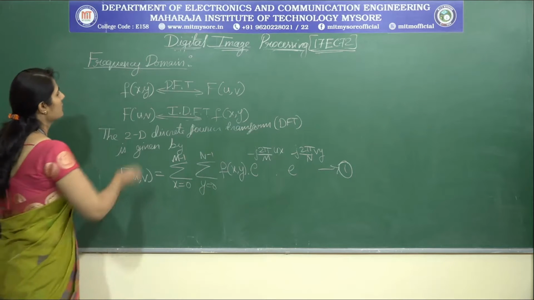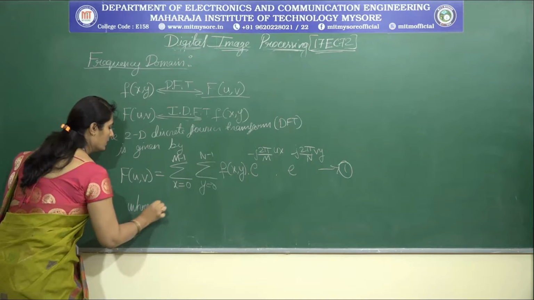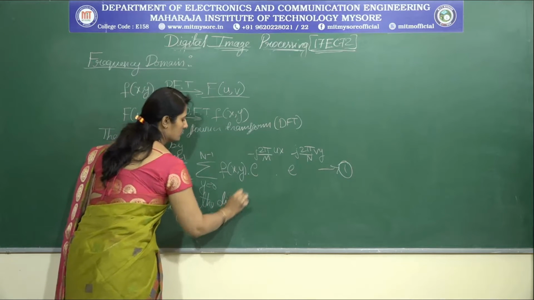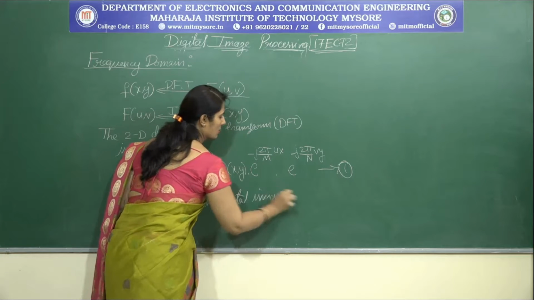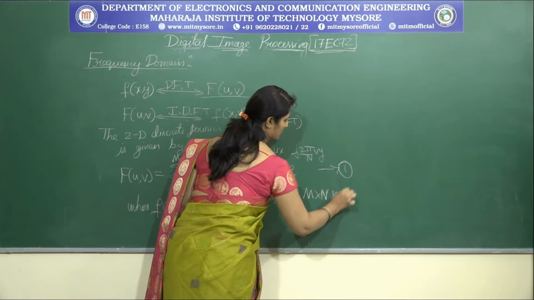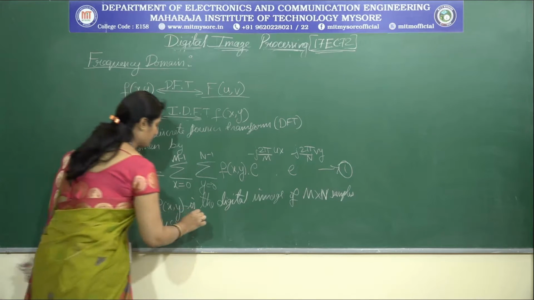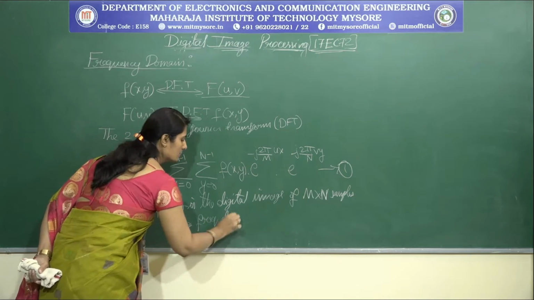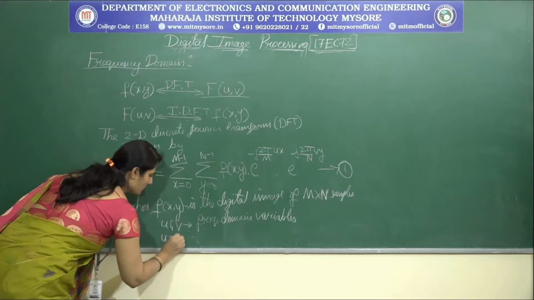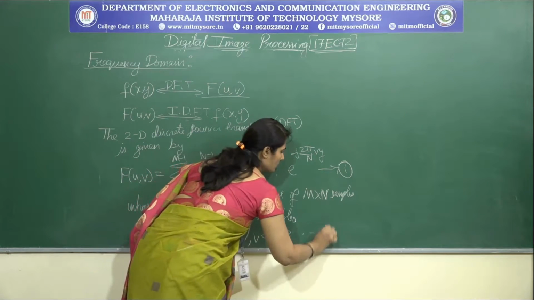This is the formula for finding F of u comma v from f of x comma y, where f of x comma y is the digital image of M cross N samples, and u and v are frequency domain variables. u ranges from 0, 1, 2 up to M minus 1, and v ranges from 0, 1, 2 up to N minus 1.